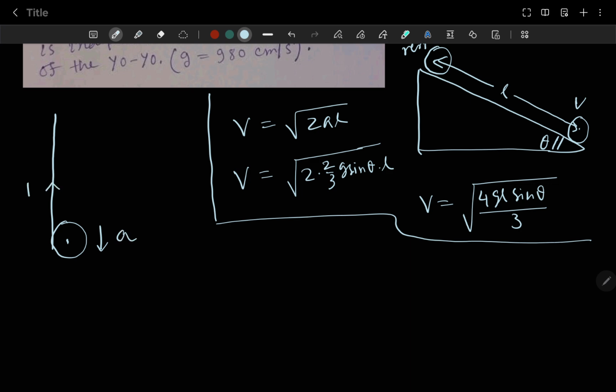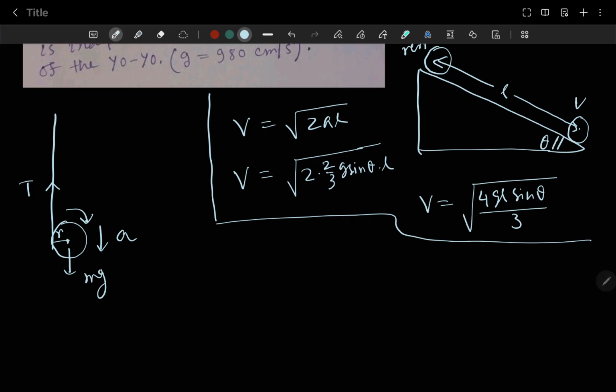So the tension in the string is T, the radius is R, and the weight acting is mg. Now it is coming down as well as it is rotating. So this motion is a mixed motion. It is an example of mixed motion, translation as well as rotation.